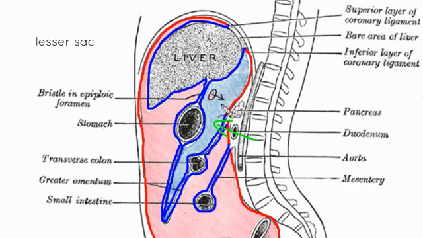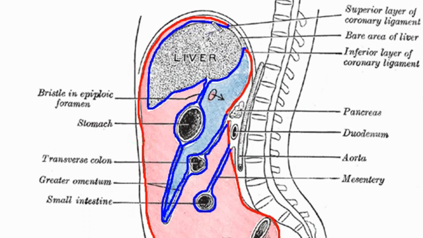Behind the stomach and the liver, shaded in blue in this diagram, is the lesser sac. This is the part of the peritoneal cavity which lies behind the stomach and the liver. And the greater sac is the larger part of the peritoneal cavity and makes up most of the cavity. This is shaded in red, and it starts all the way up at the diaphragm. You can see this bit of shading in red above the liver.